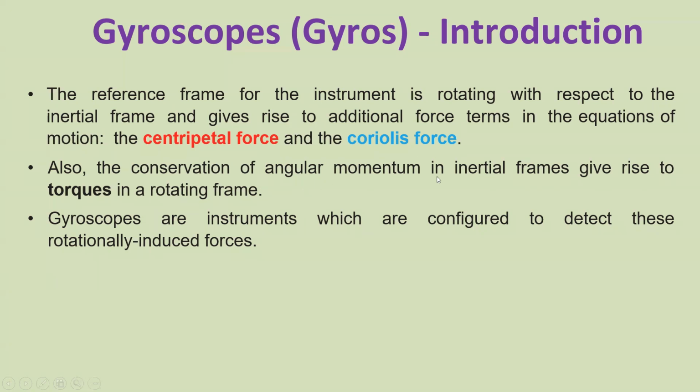Within an inertial frame, this object is rotating. The rotating object is actually non-inertial, so with respect to the rotating object, it is non-inertial. But they are residing in an inertial frame, so it should preserve the angular momentum.